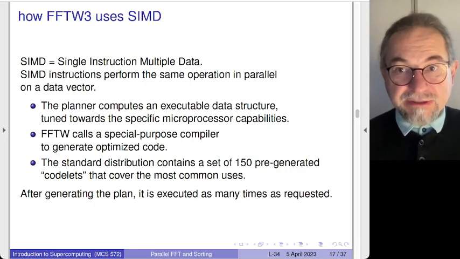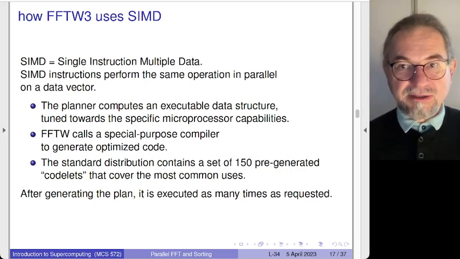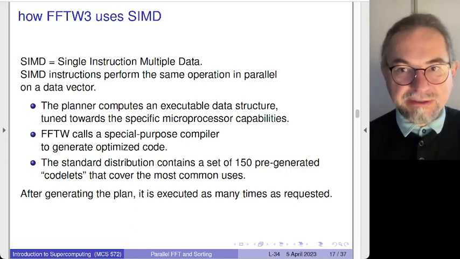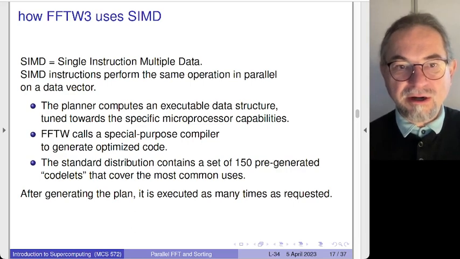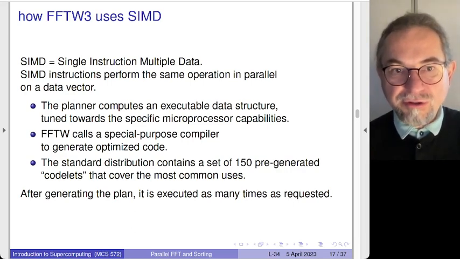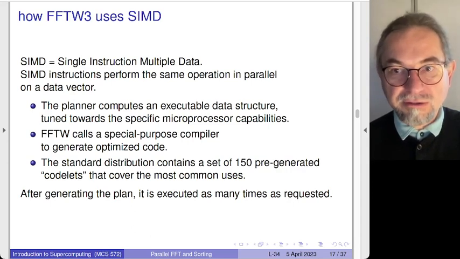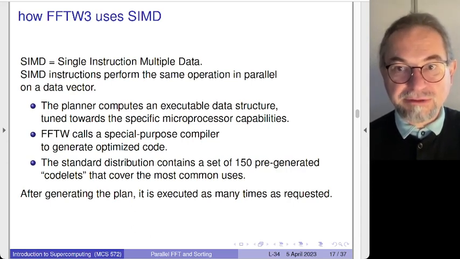Okay, so it generates a plan. So this is where the plan comes in, which I glossed over when I introduced it. It might have seemed rather artificial, but in the planning stage, there is the selection of the best data structures that are executable data structures being run on a very particular processor.